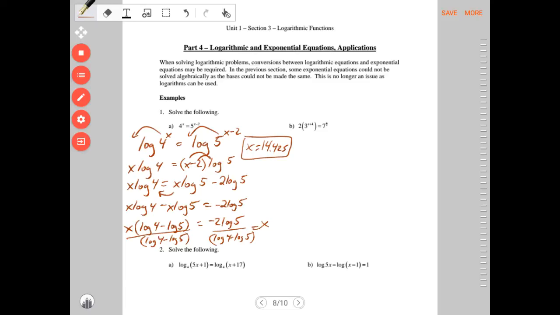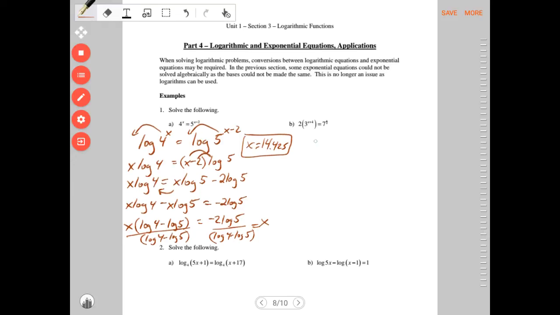Awesome. So let's try the same thing for b. We take the log of both sides. So we go log of 2 times 3 to the x plus 4 equals log of 7 to the x over 2.